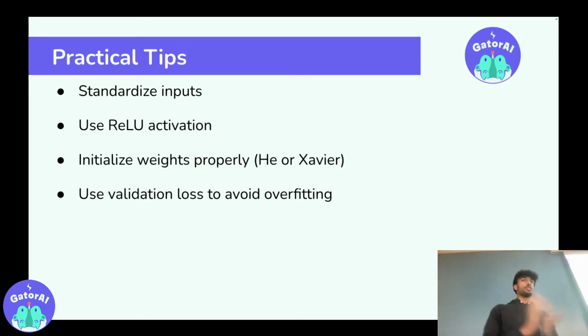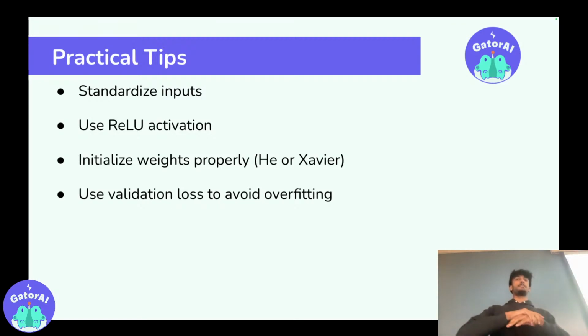Second, use ReLU activations for the hidden layers, unless you have a good reason not to. They're fast, they're simple, they're reliable. And third, initialize your weights properly. Techniques like He or Xavier initialization make sure your activations don't just blow up or vanish as they move through the layers.